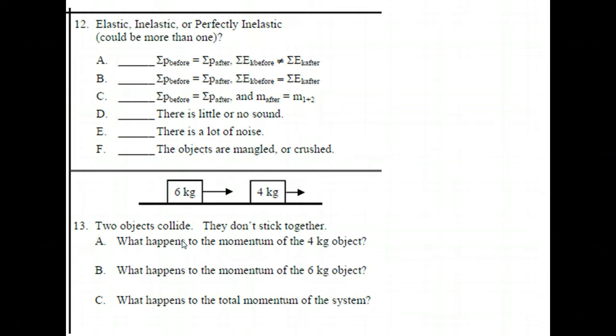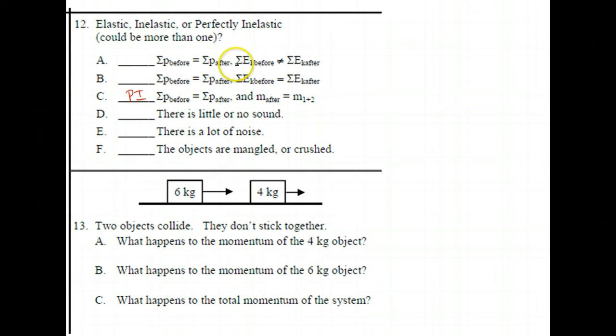If you look at 12 on this one, they can have more than one. If we're trying to determine if we're looking at an elastic collision, an inelastic collision, or perfectly inelastic, that is they stick together. Let's find one that's perfectly inelastic where they stick together. Which one do you think is perfectly inelastic? Okay, definitely C. This one is perfectly inelastic.